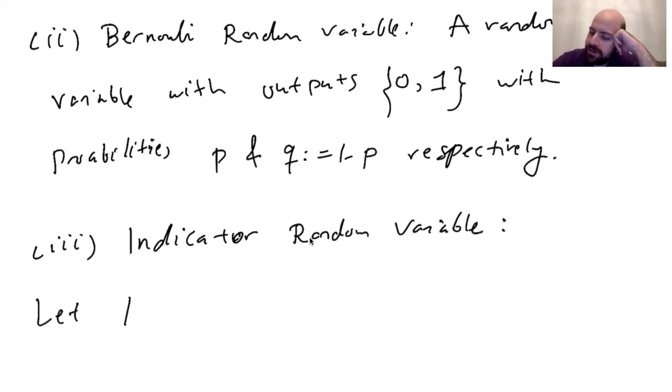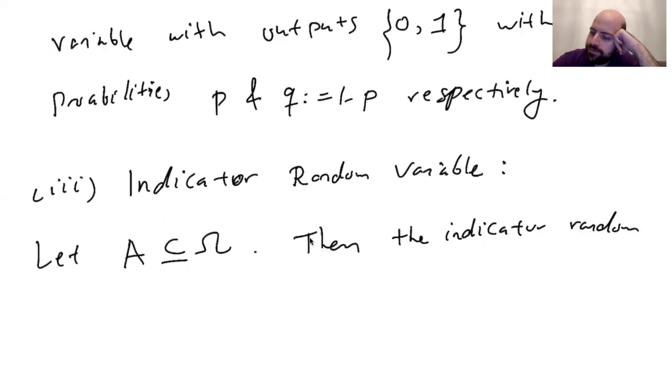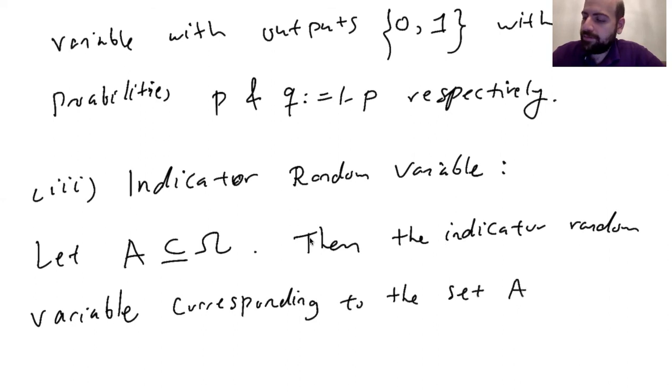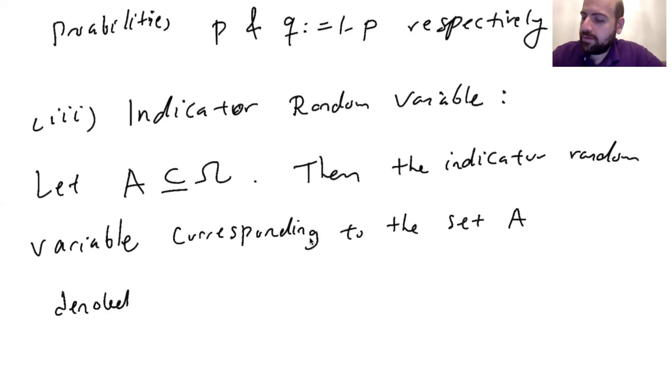So let's say A is a subset of Omega, then the indicator random variable corresponding to the set A, denoted by 1 sub A, is defined as follows.